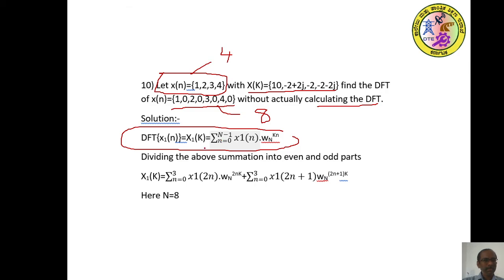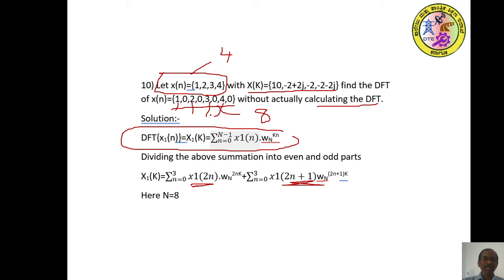We can split this summation into two summations, one for even terms, the other for odd terms. What I have taken like this is even positions, meaning 0, 2, 4, 6. What is the position of this one? It is x of 0. This is x of 2, x of 4, x of 6.